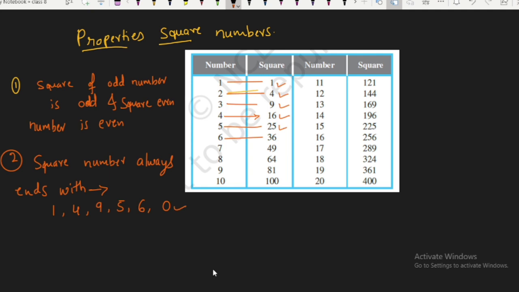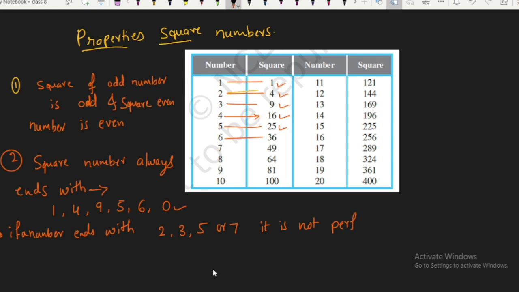So if a number ends with 2, 3, 5 or 7, it is not a perfect square.